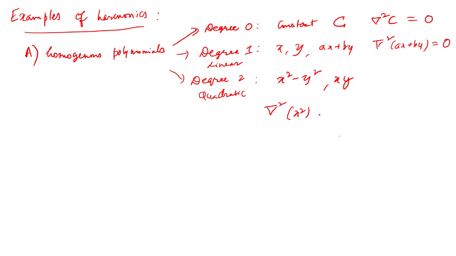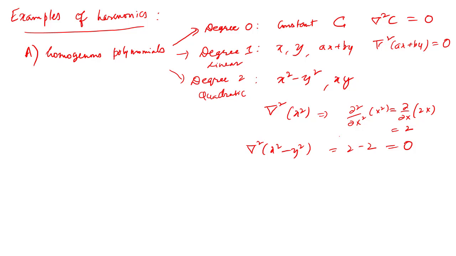of x squared, that would give you simply dou square by dou x square of x squared, which is dou by dou x of 2x, or that is 2, so it's not 0. But if you have del square of x squared minus y squared, you would get 2 minus 2, which gives you 0. Similarly, del square of xy would also give you 0, because dou by dou x of y is 0.